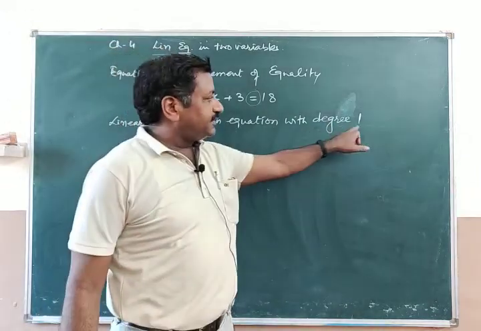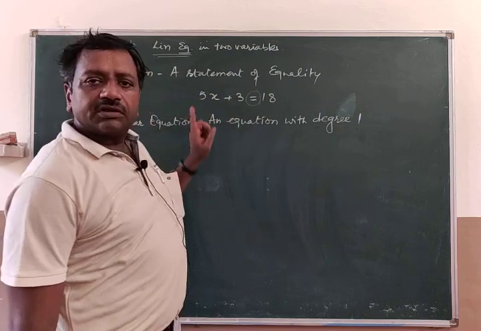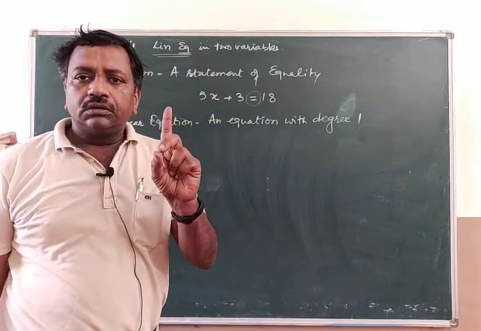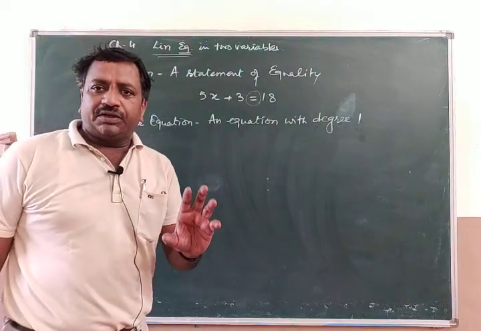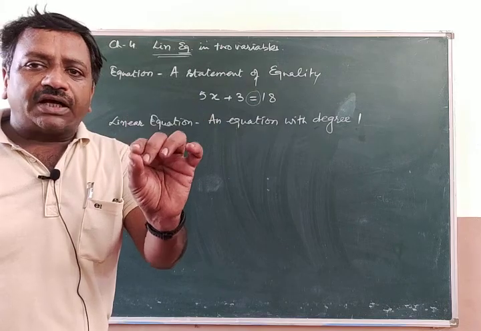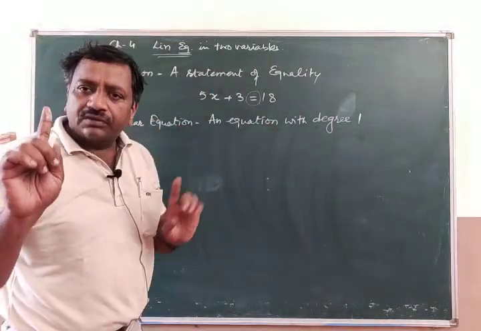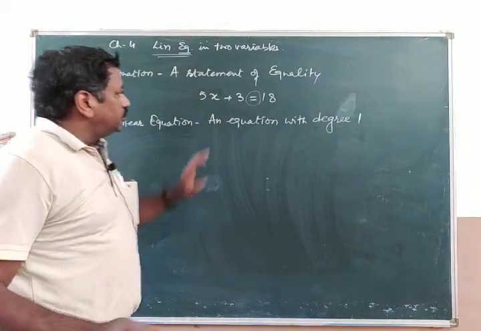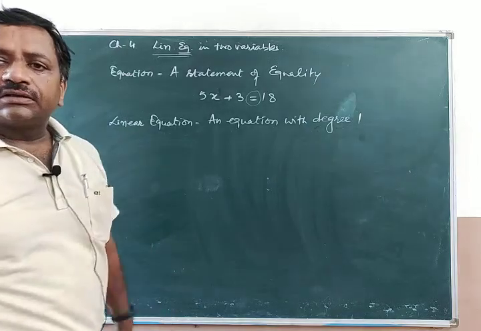Degree 1 means that the highest power of the variable is 1. Degree of equation means whatever variable we are using in that equation, it must have the highest power 1. If no power is there, it means power 1 is there. So this is an equation with degree 1.